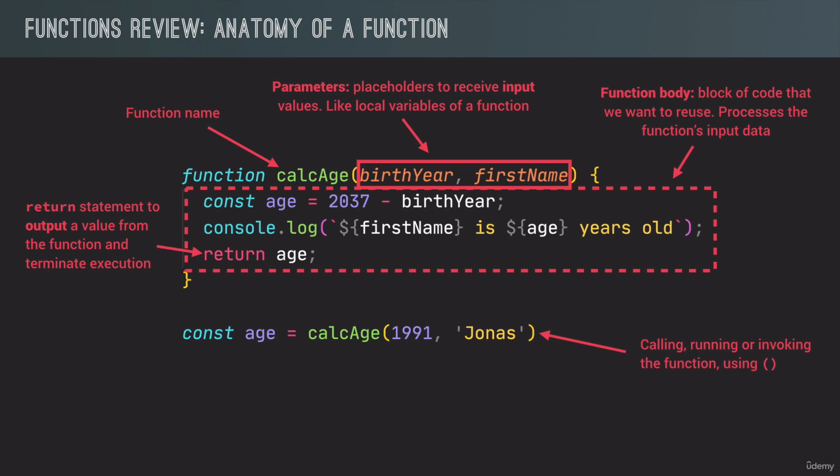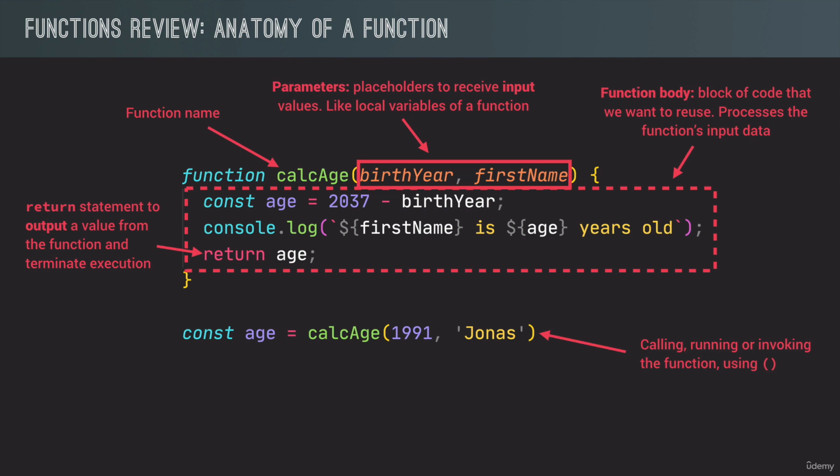So we write the name of the function like we did here with calcAge, and then with the parentheses, we call the function. Because without the parentheses, the function is really just a value. But then with the parentheses, we actually call the function. And we can also say that we run the function, or invoke the function, or execute the function, and all of these terms kind of mean the same thing.